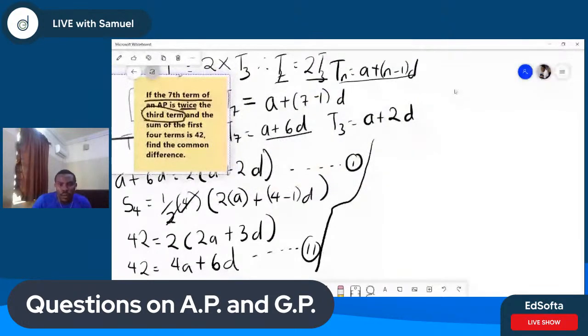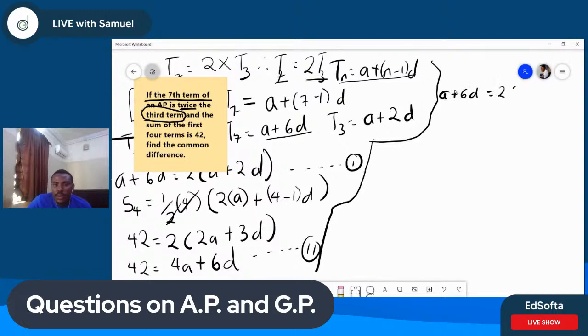Now we'll solve the simultaneous part here. So look at this. So how do we solve it? We have 2 equations. First, we have A plus 6D is equals to 2A plus 2D. This can be written as A plus 6D is equals to 2A plus 4D.